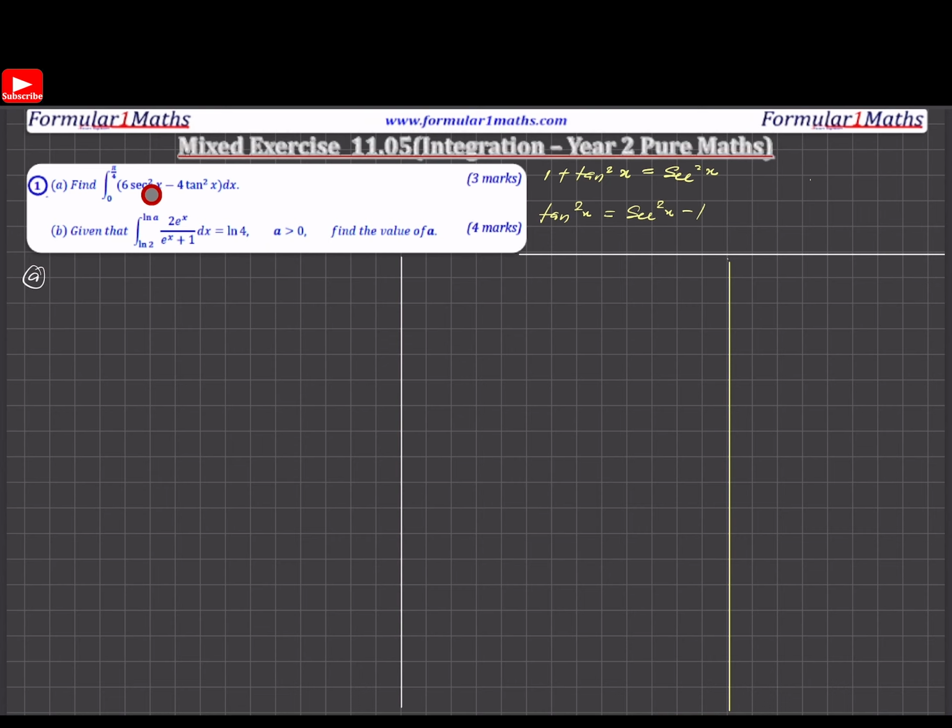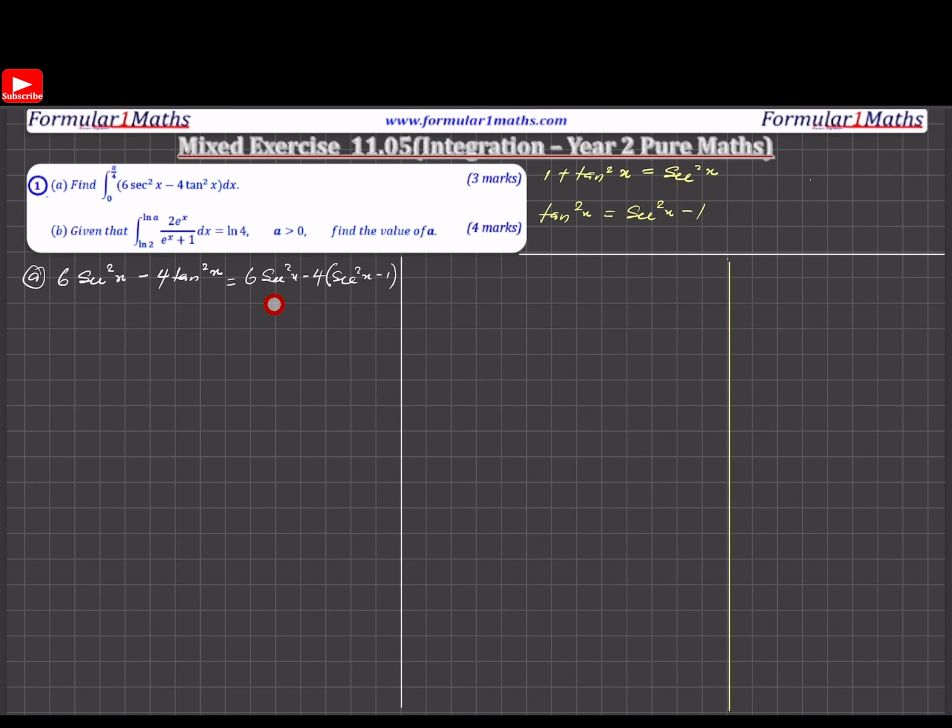So for the simplification, I have 6 sec squared x minus 4 tan squared x will become 6 sec squared x minus 4 brackets sec squared x minus 1.